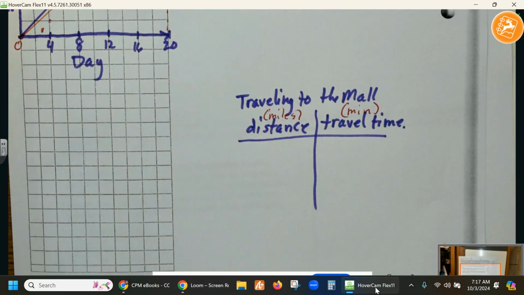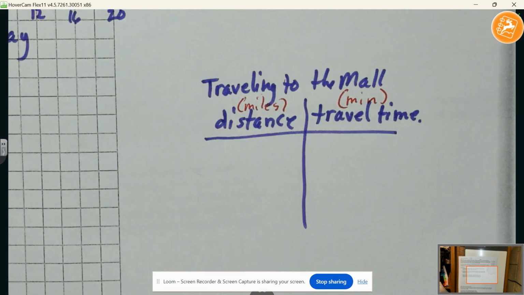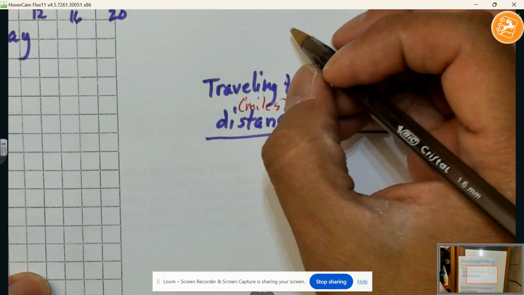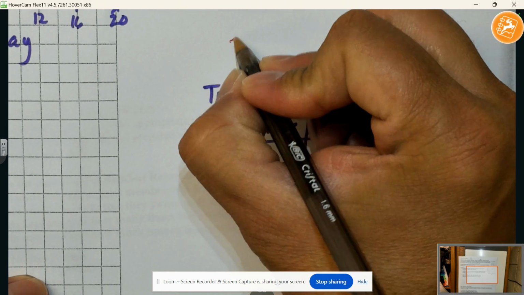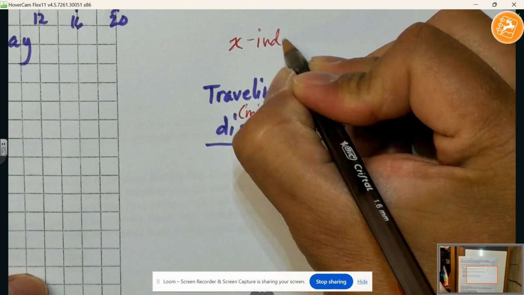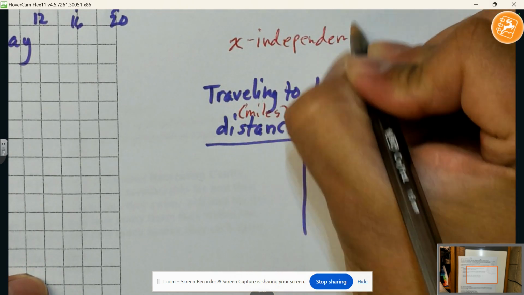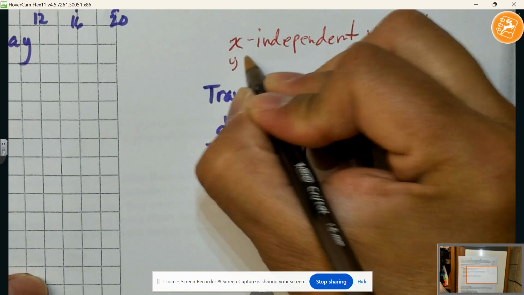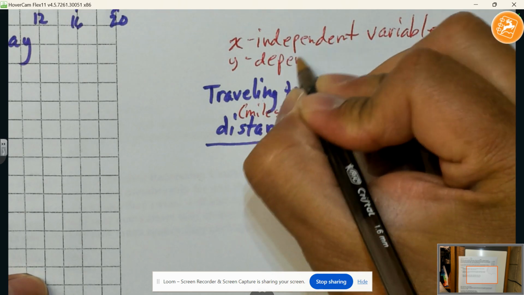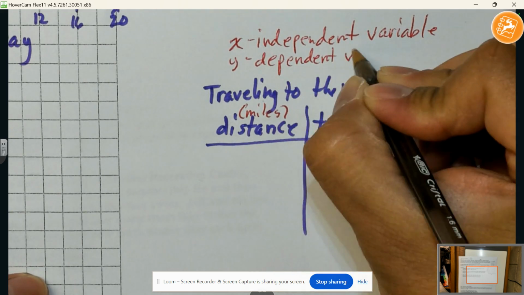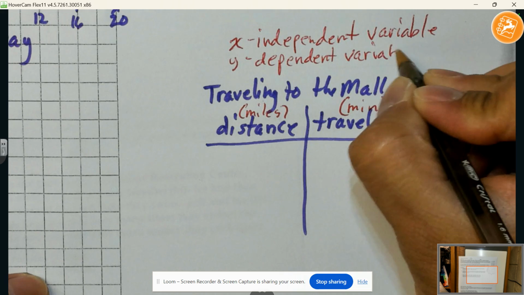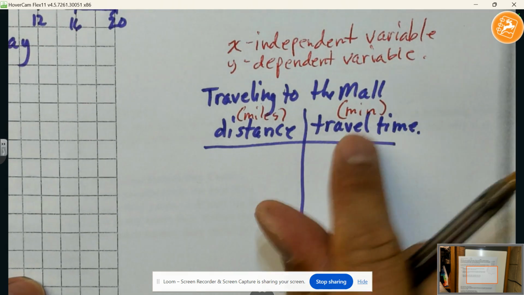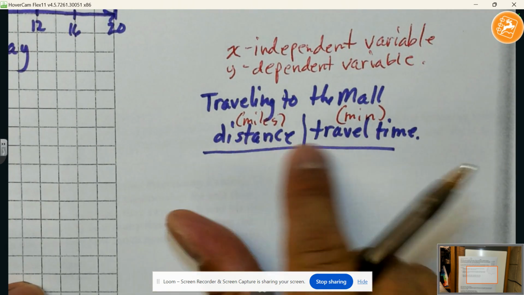Now which one would be our independent and our dependent variable? x is always our independent variable, and y is always our dependent variable. You might have heard these terms from a previous class. So we need to decide which one is x and which one is y.